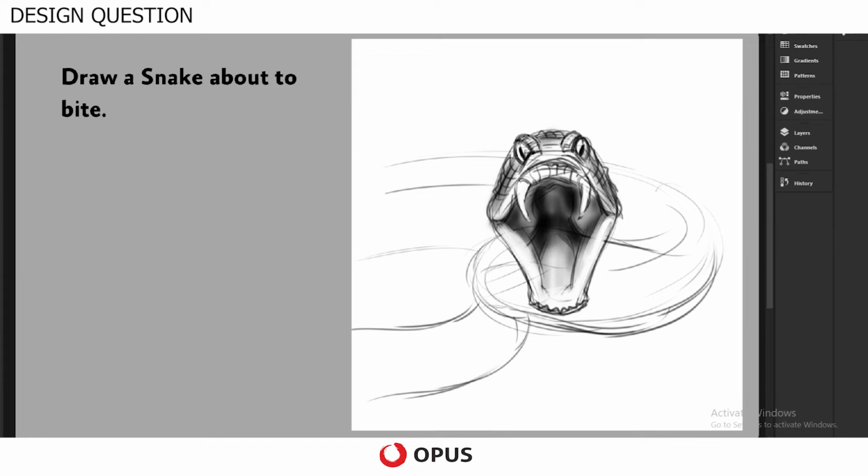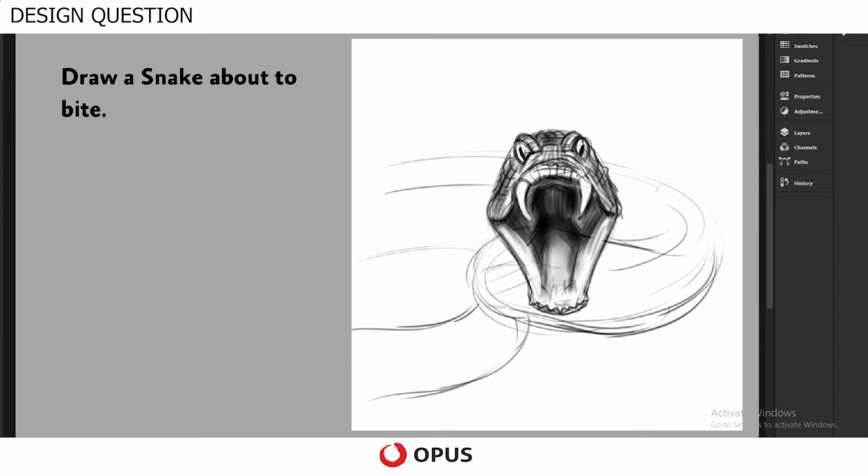And then you can go for the other texturing, and this will give some added emphasis to that mouth structure.